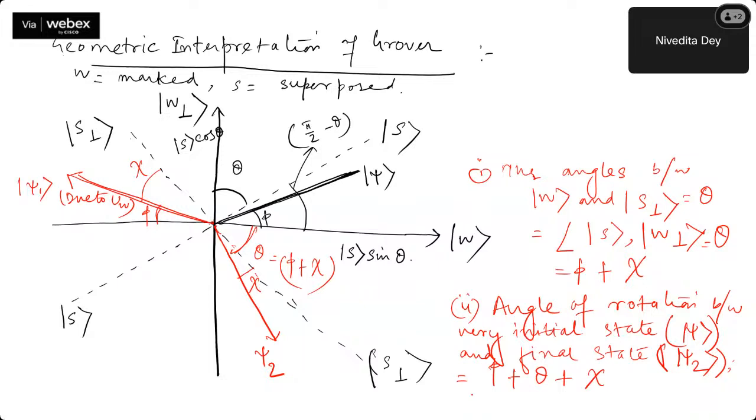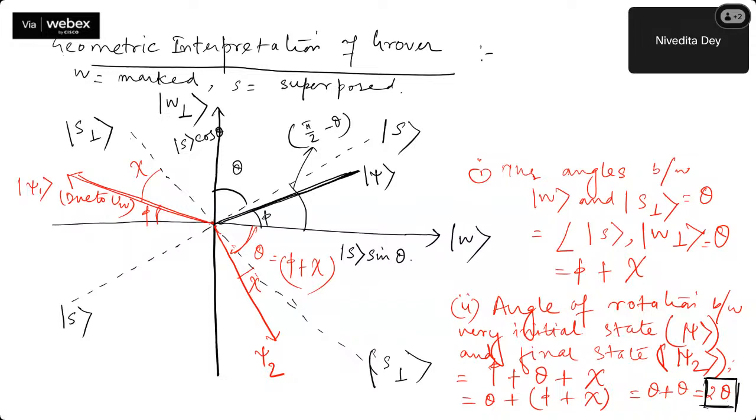And phi plus chi is also theta. So it's theta plus theta, which equals 2 theta, right?